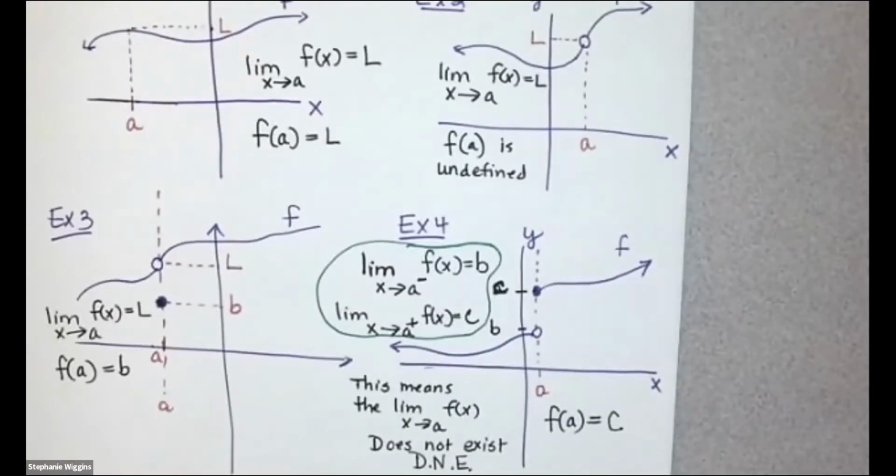Okay, let me check my notes here. I want to talk briefly about limits of infinity. Limits of infinity are not a topic that we're going to spend a lot of time on. I'm just going to do one example and discuss it briefly because it's not something you're going to run into in this class very much at all.